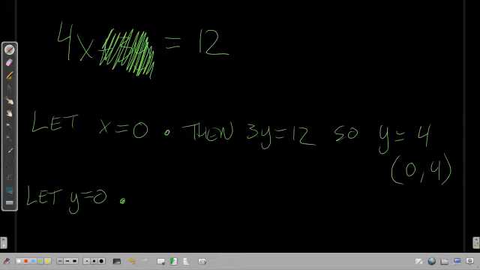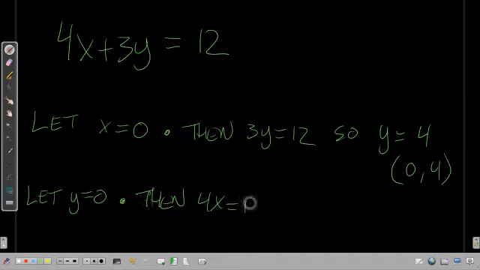And if y is 0, then it must be the case 4x is 12. And if 4x is 12, x must be 12 divided by 4, which is 3. So it would go through the point 3, comma 0.